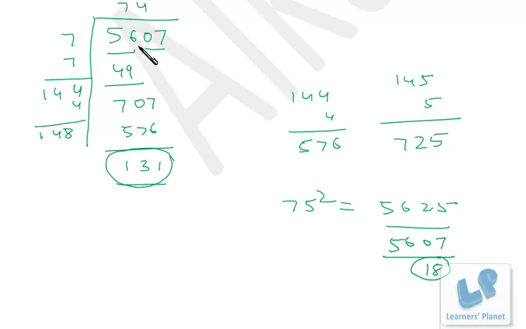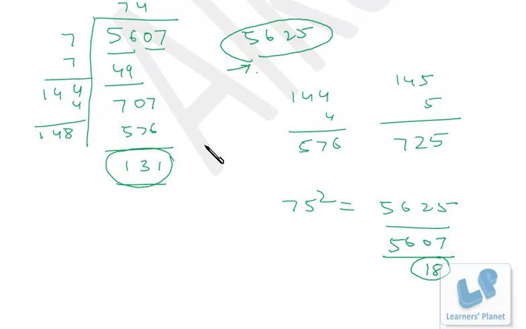That means if we add 18 to 5607, it will be 5625, and that will be a perfect square number, right? So from this you can get the idea. Immediately find the number next to this, find the square of that, and the difference between this and that particular square will be your answer.